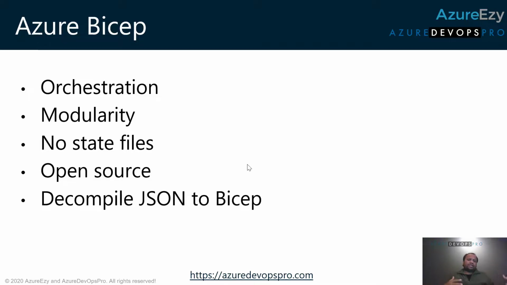The last point about Azure Bicep is that it decompiles JSON to Bicep. We have already discussed this point as a benefit of having Azure Bicep in comparison to Terraform. If you have an existing ARM template, that is a JSON file, then you can decompile it to Bicep without much effort, and that way you can easily migrate to Azure Bicep and start having those benefits, such as modules and other things that we are going to talk about in upcoming sessions.